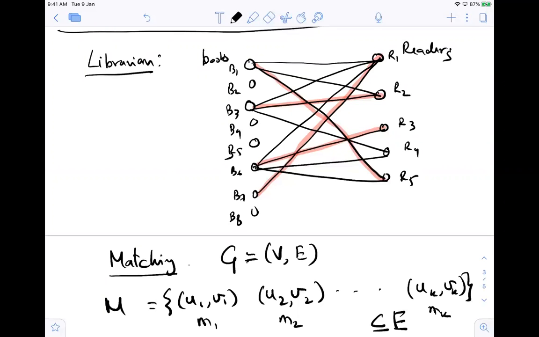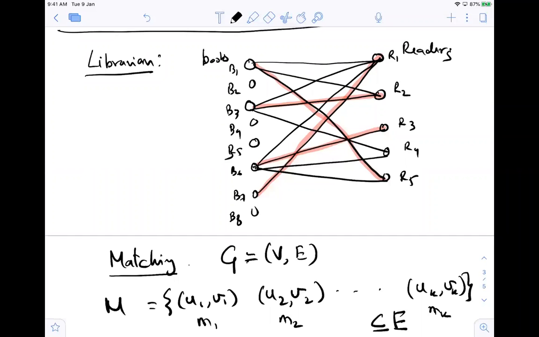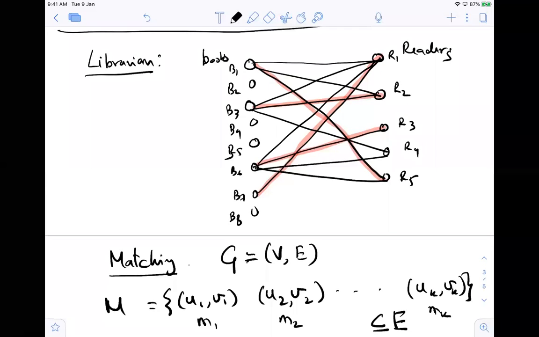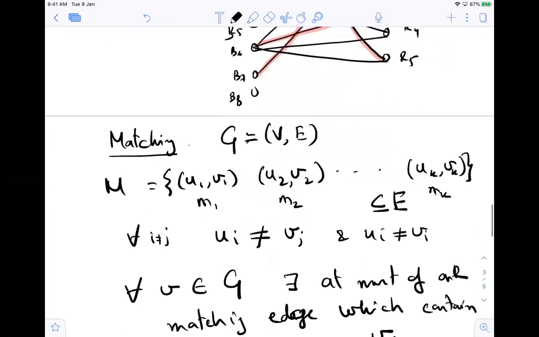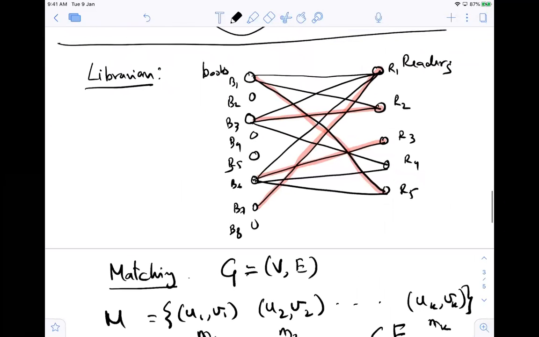Or job allocation, right? Maybe in a company there are 20 jobs that have to be done, and you have 20 people, right? But not everybody can do all jobs. Some people can do certain kinds of jobs, and other people can do other kinds of jobs, and so on. You want to ensure that the maximum amount of jobs are being solved at one go. So in some sense, you want to ensure the maximum matching that can be there.